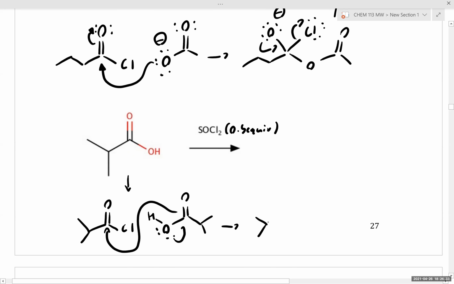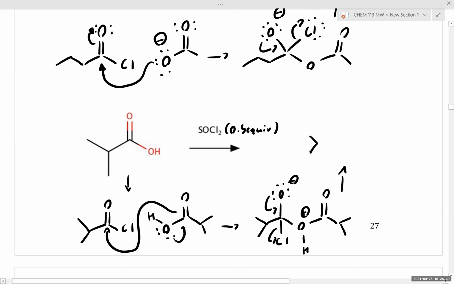From here, just like before, the tetrahedral intermediate will collapse and kick out chloride. And with that, we're able to isolate our desired anhydride.